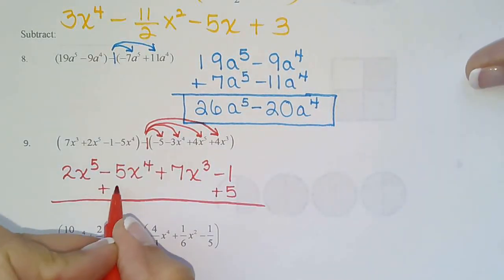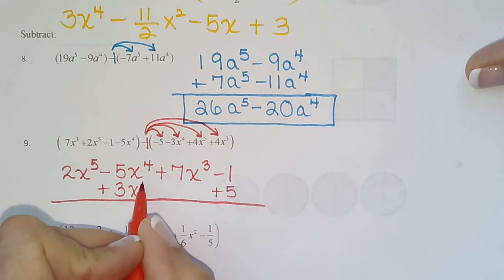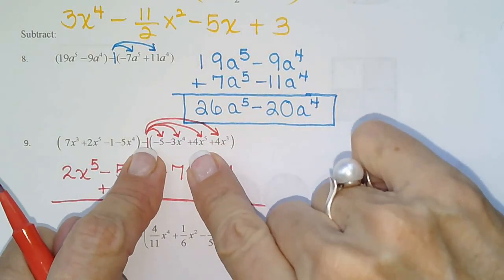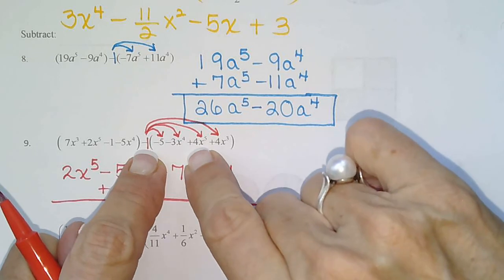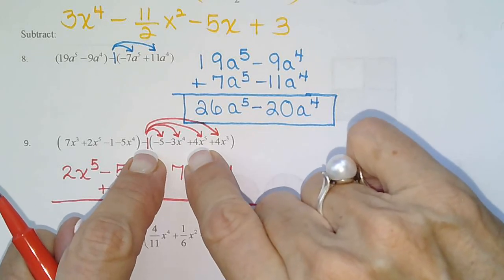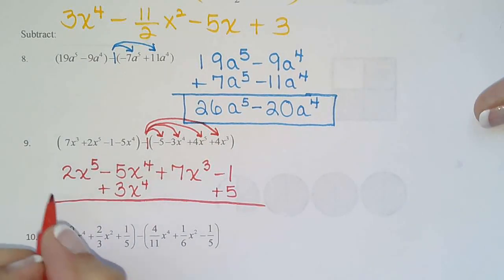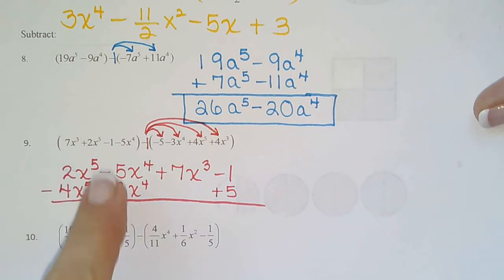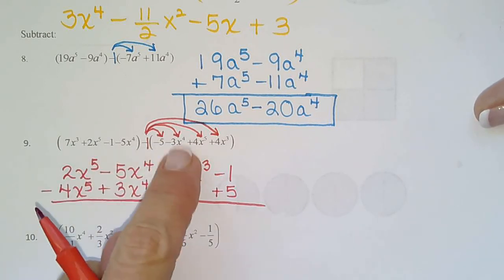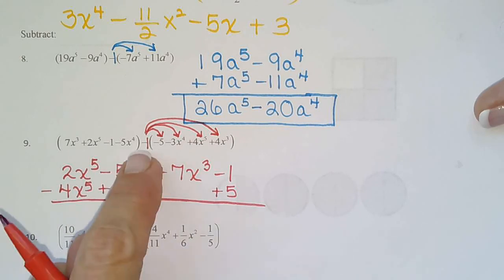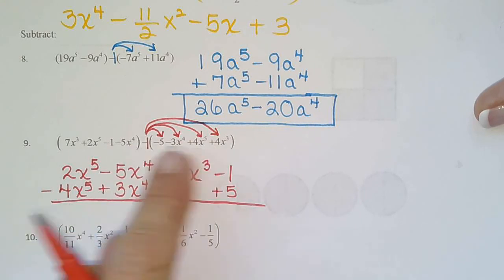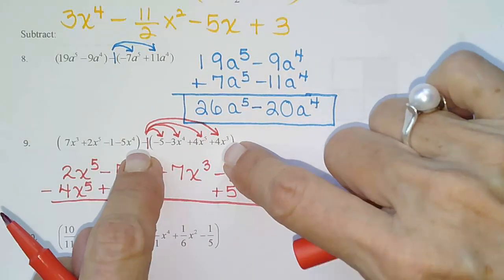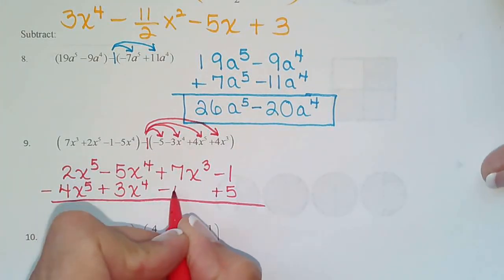So I put it underneath its like term. Negative 1 times positive 4x to the 5th is negative 4x to the 5th. So I go up and put it underneath its like term. So positive 5, positive 3x to the 4th, negative 4x to the 5th, and then my last term will be negative 4x cubed. So put it under its like term.